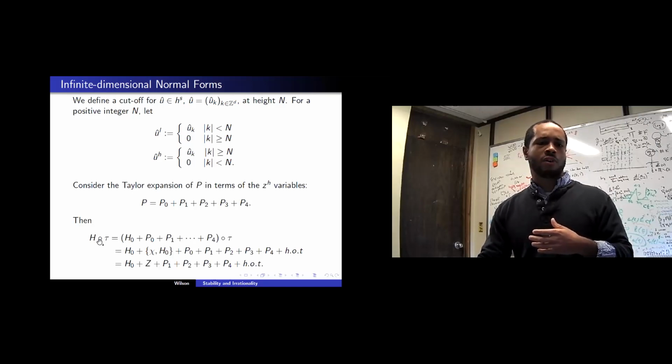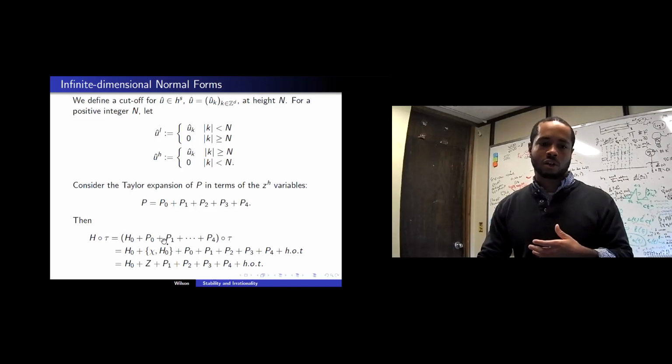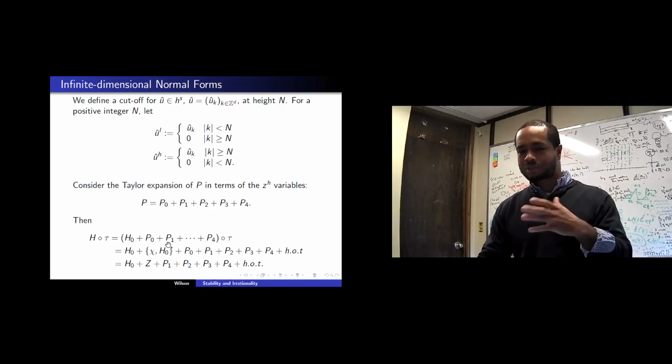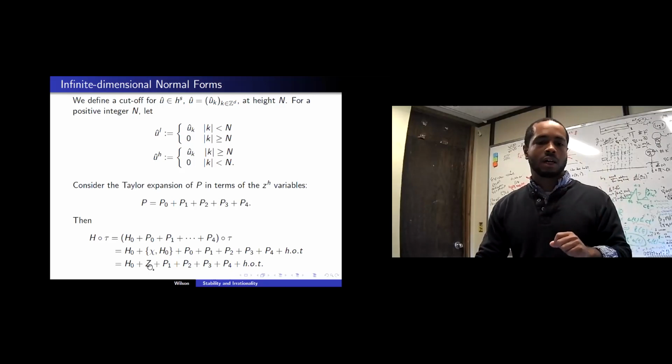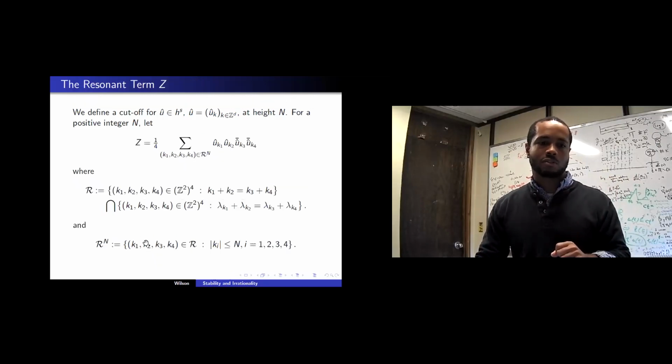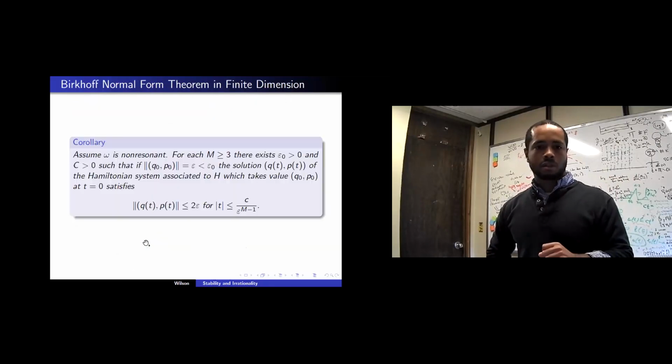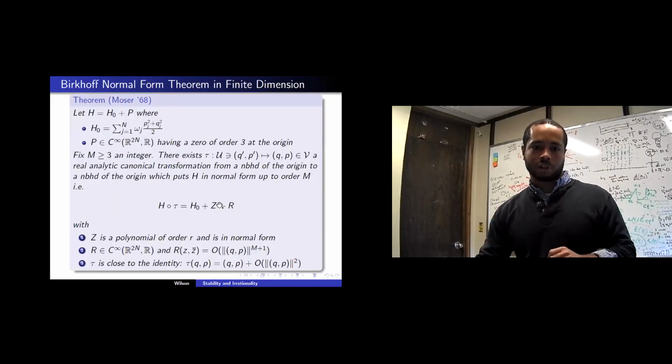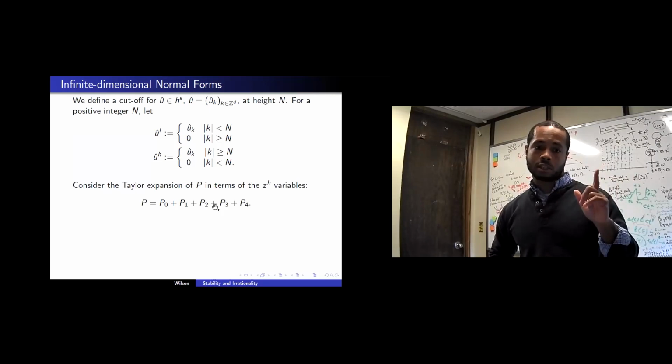We can do a change of variables in the sense of Moser, and then you get your homological equation here. I didn't really explain what the homological equation is, but this is really fun. Then you have a normalized part z, and this normalized part corresponds to the normalized part here. This is only one step.